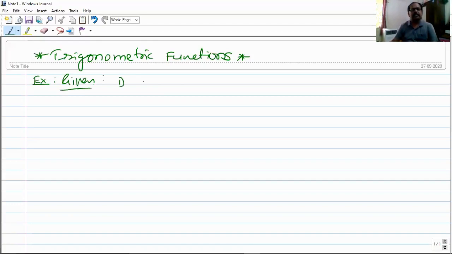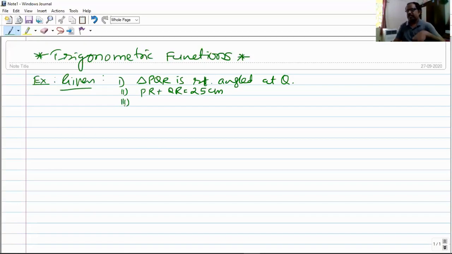First point, triangle PQR is right angle at the point Q. Second point, you are given that PR plus QR equal to 25 centimeter, and one more point you are given that the length of side PQ is 5 centimeter.